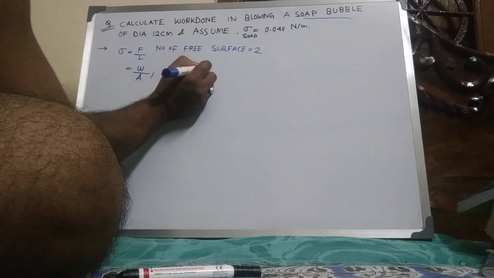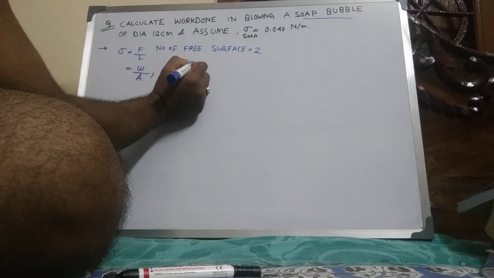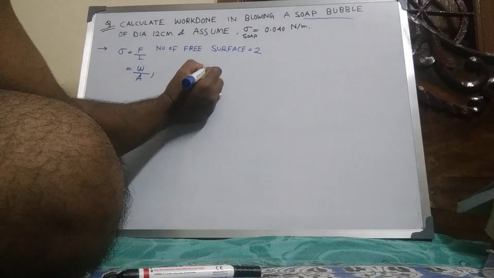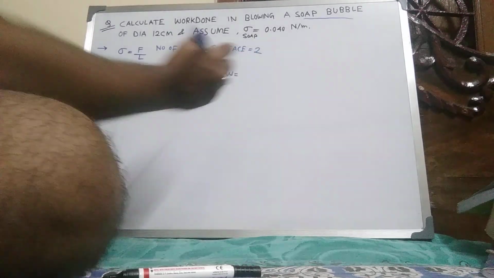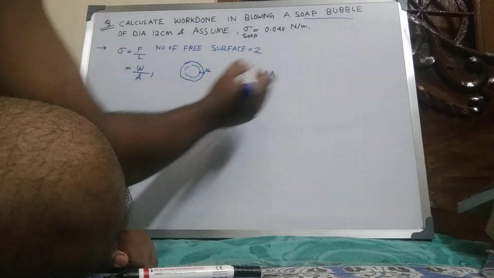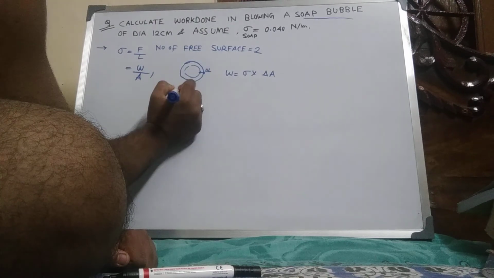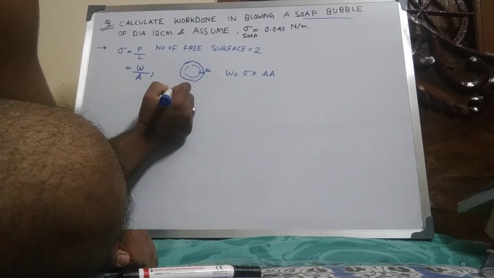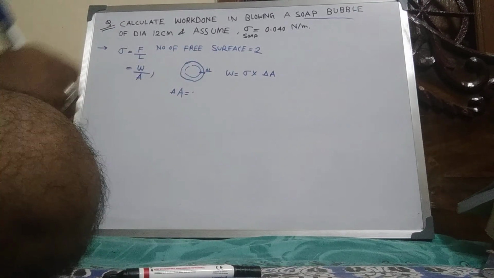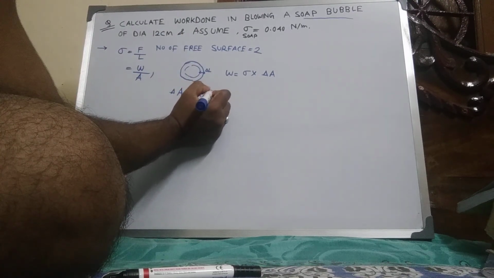Suppose this is the spherical shape of soap bubble, and work done in contracting the free surface. So work done equals surface tension into delta A, and here delta area equals total area for a sphere, 4 pi r square, and number of free surfaces is 2.